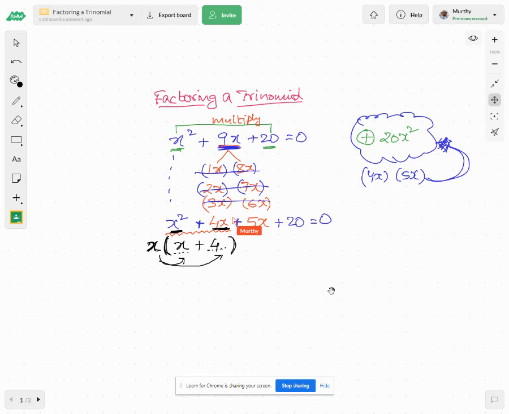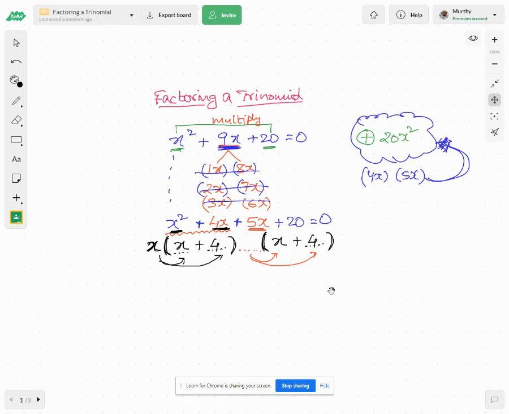Then, coming to the remaining part of the question, what you have to do is copy whatever you got in the first parenthesis, take the same thing, and then think what value I have to multiply so that I get 5x and I get 20.